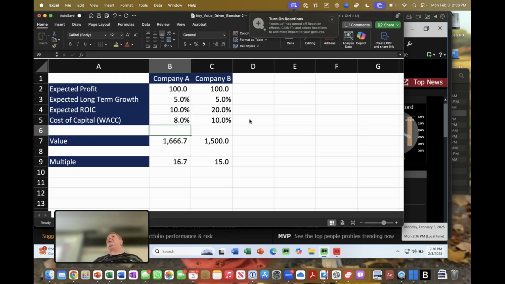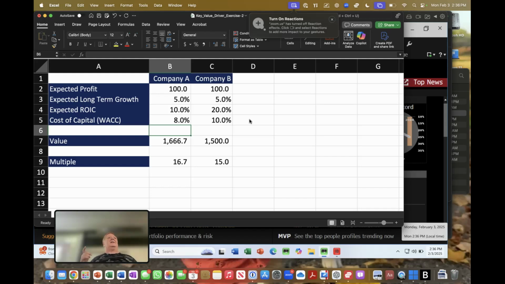What happens to the value and why? Because you're borrowing at a lower rate, the cost of capital, less risk, why does the value go up? Why is there higher NPV? It's not just the denominator, it's time value of money.